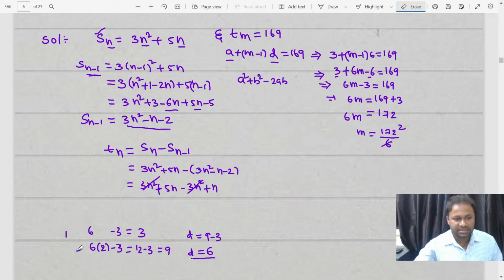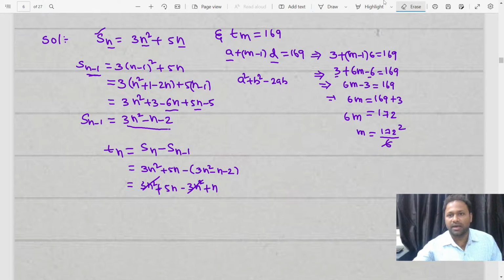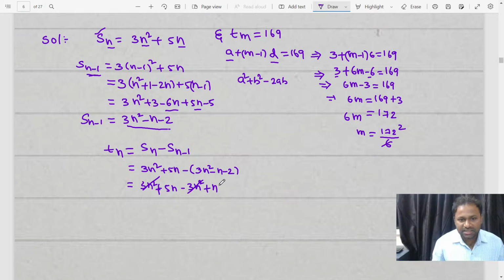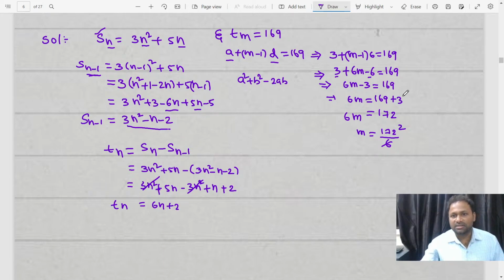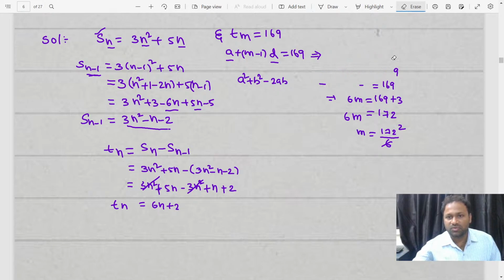These also change. So here we get 6n plus 2, right? Just by doing a small mistake I got this, so the substitution also changes, so everything will be changed. I will do the changes.